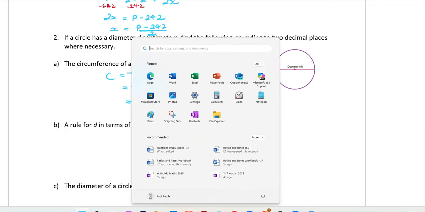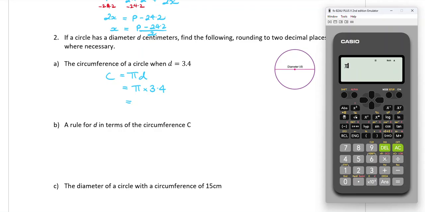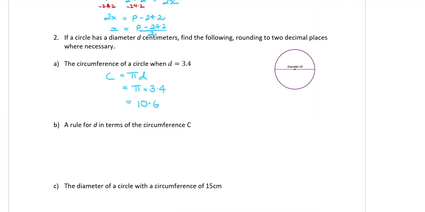In the calculator, pi times 3.4 is 10 point, we want 2 decimal places, so 10.68. And it says here it's in centimeters, so that will be centimeters.